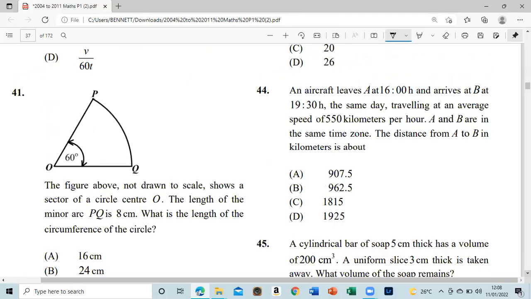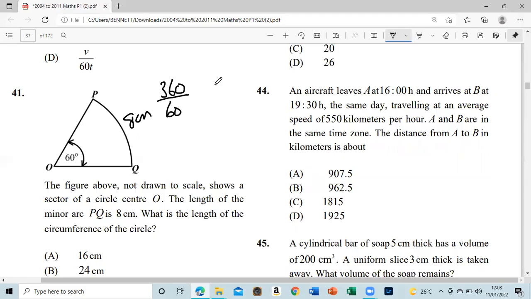The figure, not drawn to scale, shows a sector of circle center O. The length of the minor arc PQ is 8 centimeters. What is the length of the circumference? All right, I was discussing this with my students, right? So if you have 60 degrees right here, one entire circle will be 360. So if it's 360, how many 60 can we get out of 360?